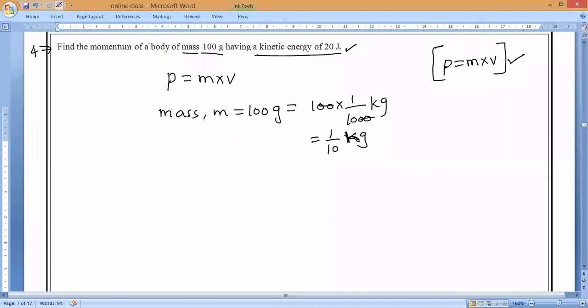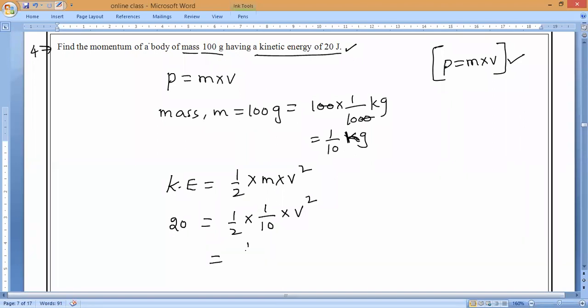How to find velocity? Everybody should speak. Kinetic energy is equal to half into M into V square. They have given kinetic energy is 20, which is equal to half into mass, 1 by 10, into V square. So 20 equals 1 by 20 into V square.